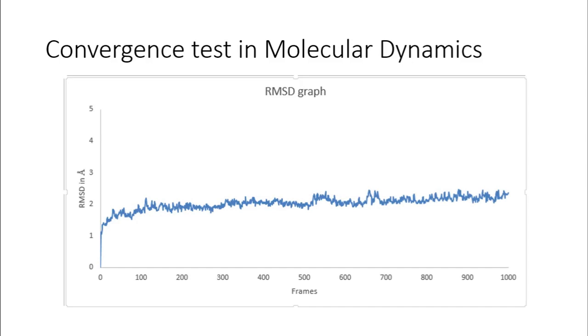Right? But the thing is, at physiological condition, proteins do not remain static. They involve dynamics. That means there are continuous motions always going on in your protein structure, and these motions somehow give your protein some functional status.